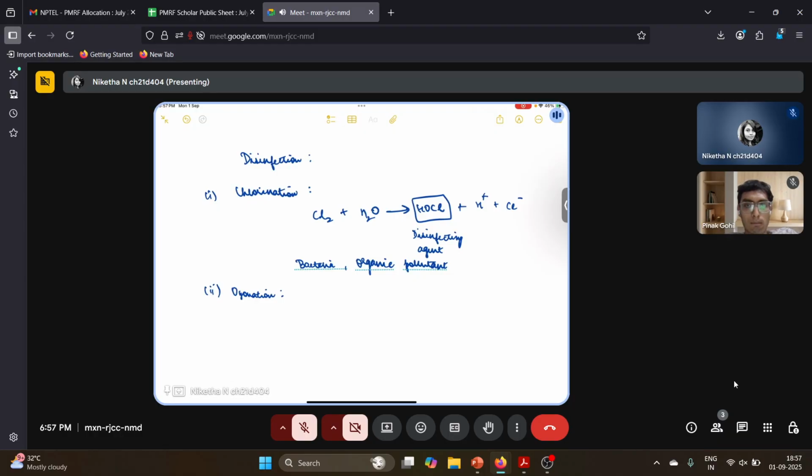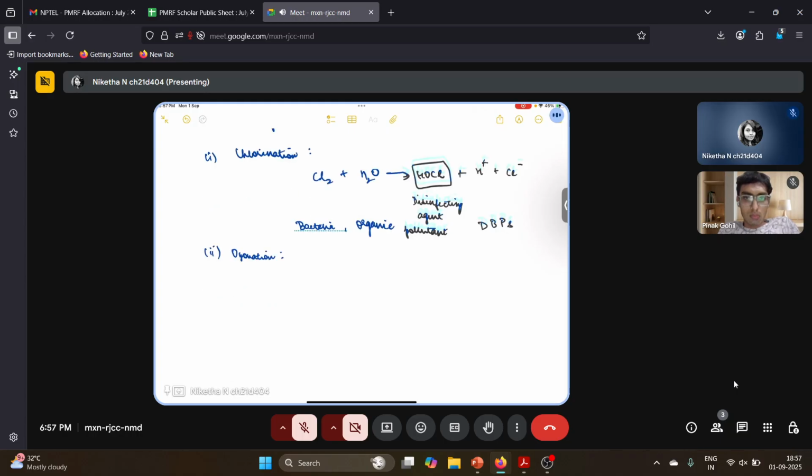So, this process of chlorination is not so preferable these days because there are so many issues associated with disinfection byproducts or DBPs. So it's important to understand that if there is any organic matter present in the water that needs disinfection, then it will react with the chlorine and it will produce some disinfection byproducts. So that is supposed to be avoided.